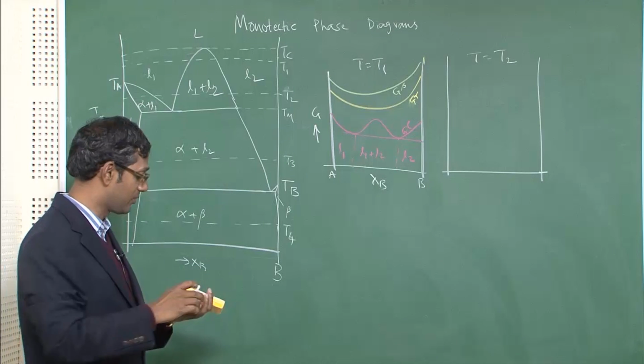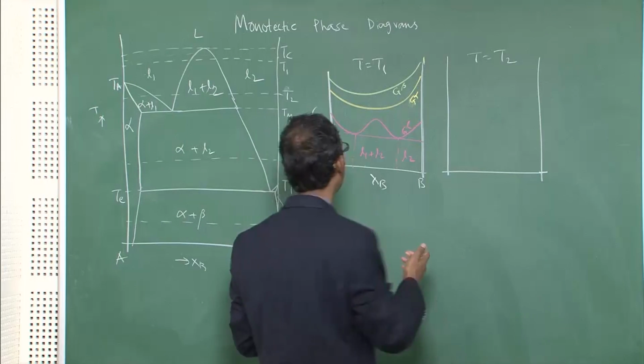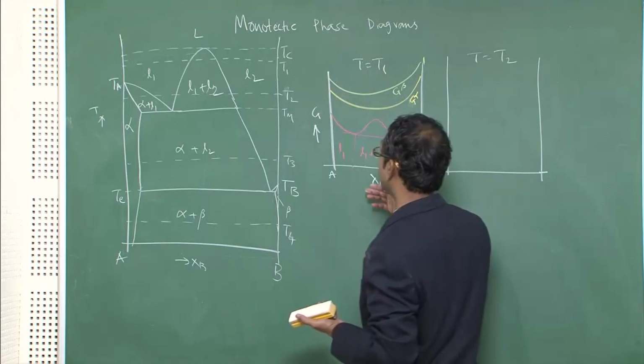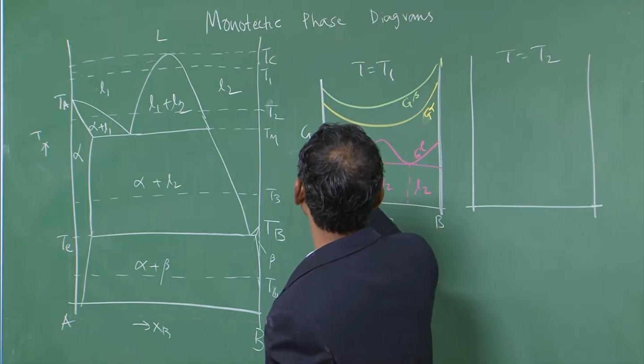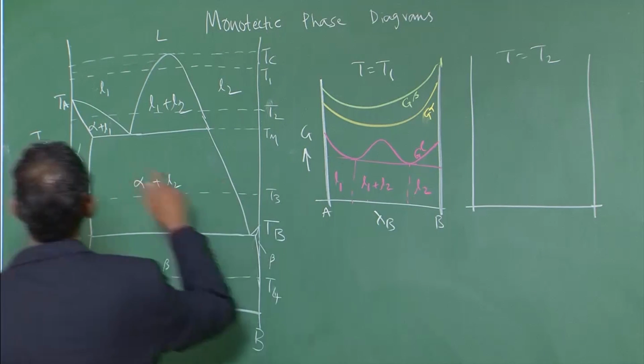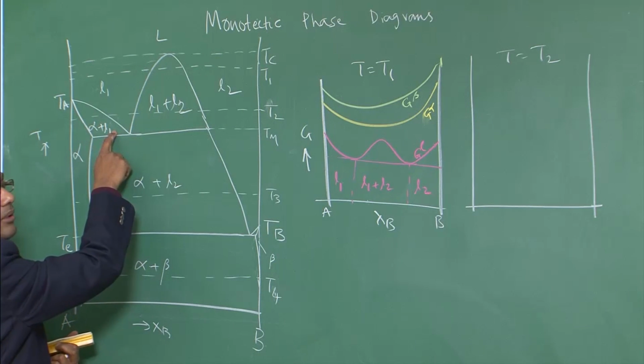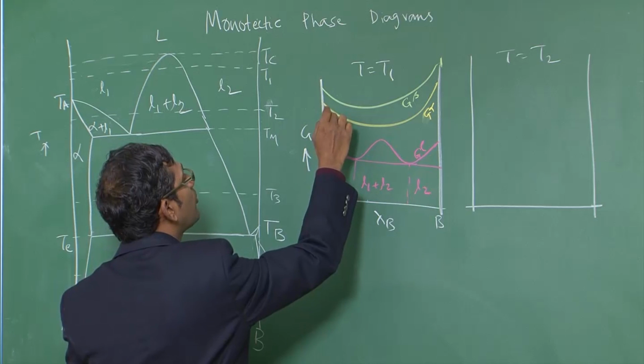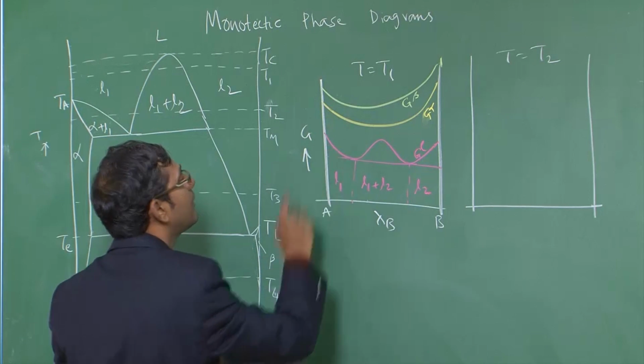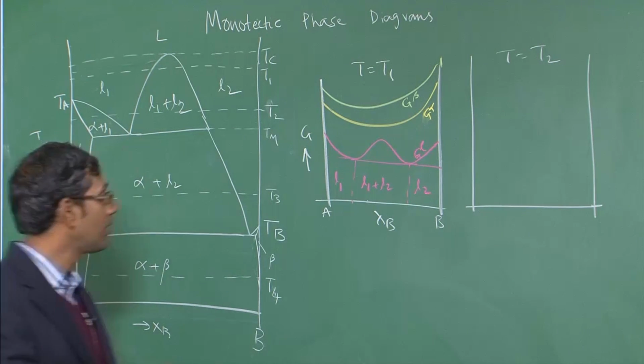It looks very complex, but it is not. What will happen is that the alpha curve will come down and have a crossover with the liquid curve. That is what is going to happen, because when there is a two phase field of one solid plus one liquid, you are going to have a crossover of the solid and the liquid free energy curves. So, let us do that.